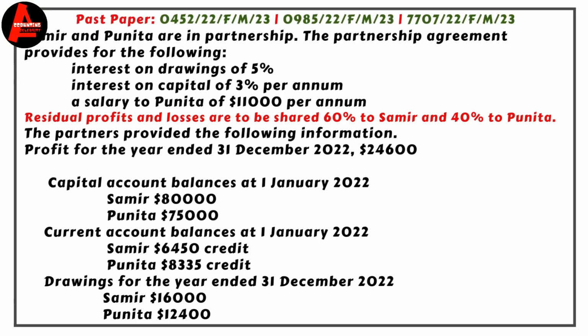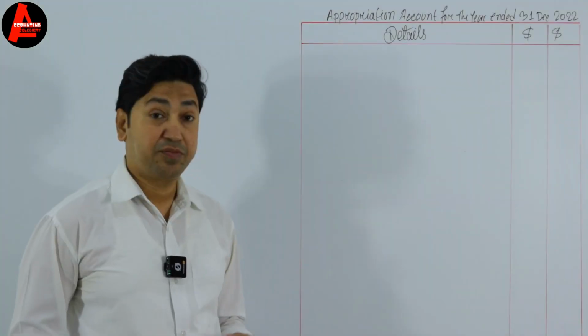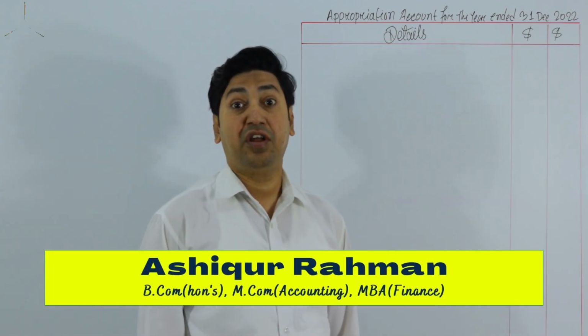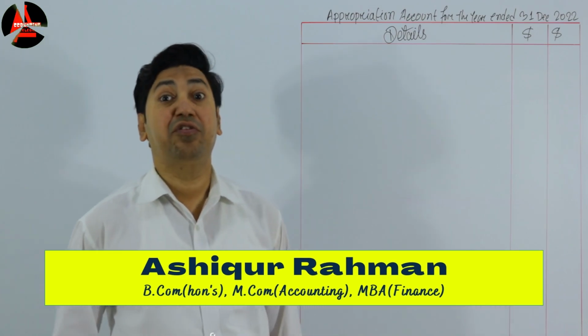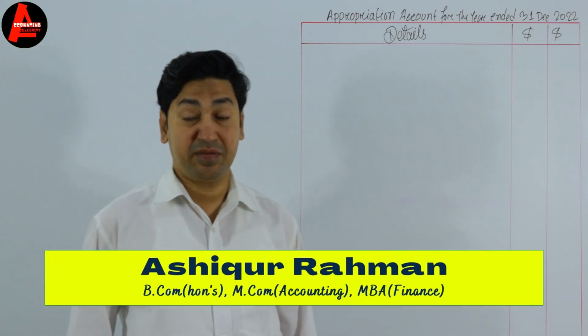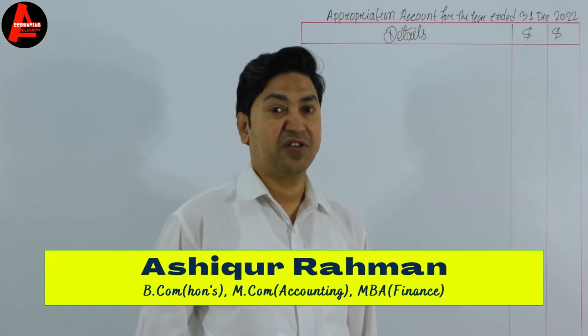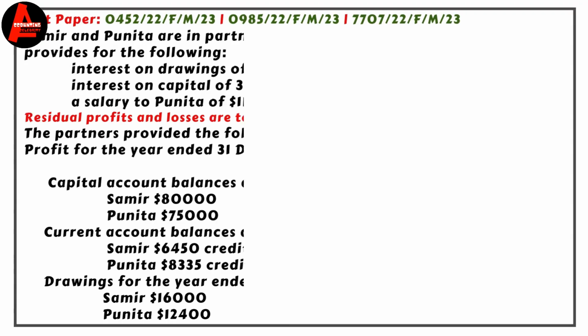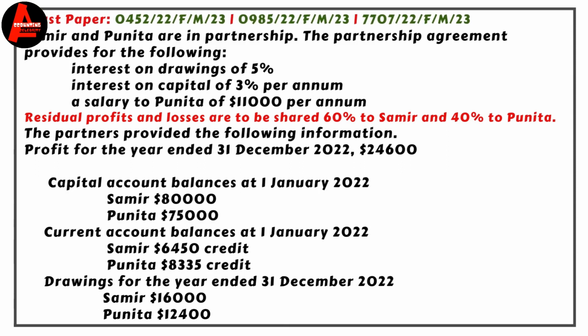Okay, so what is the first item in this profit and loss appropriation account? So first of all, we need to write profit or loss for the year, which is calculated in the income statement, profit and loss account. So that amount will definitely be given in the question. Here in the question we have profit for the year ended 31st December 2022 is $24,600.